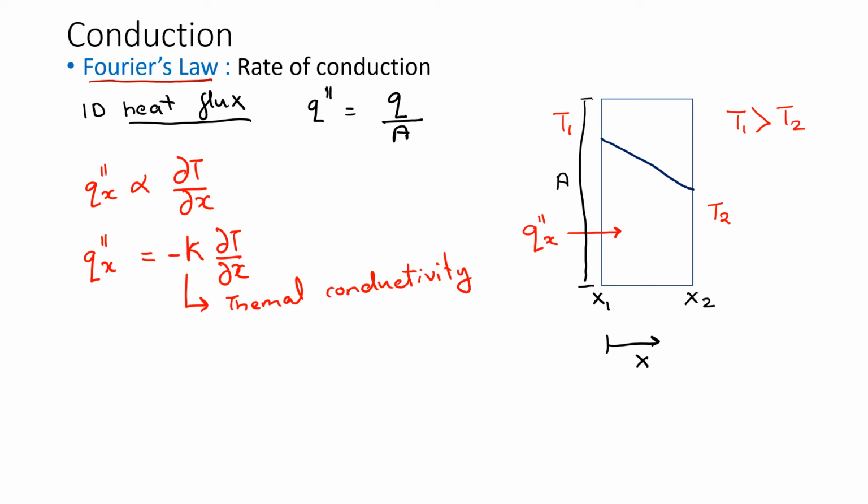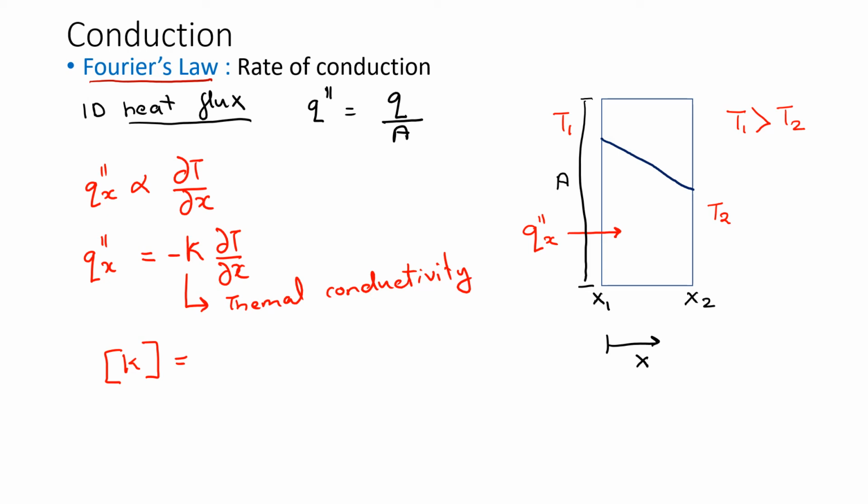The next question that we need to answer is, what are the units of kappa? Our heat flux on the left hand side is in watt per meter square. Temperature here is in Kelvin, and x here is in meter.